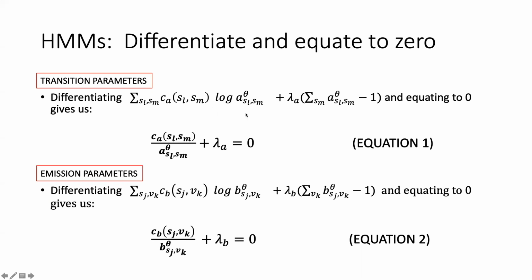Similarly here, so differentiating with respect to A_{s_l,s_m} will result in C_A divided by A_{s_l,s_m} plus this factor, which turns out to be lambda_A. So these are the expressions for the solution for transition and emission parameters, while lambda_A and lambda_B are the Lagrange multiplier parameters which are unknown. Let's try to estimate these parameters.